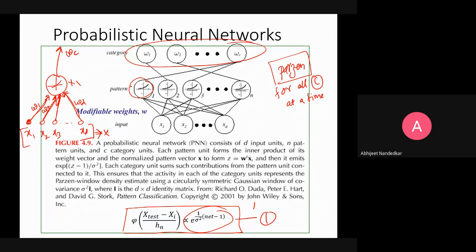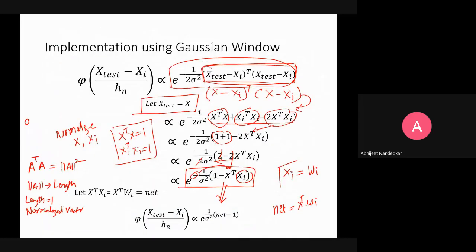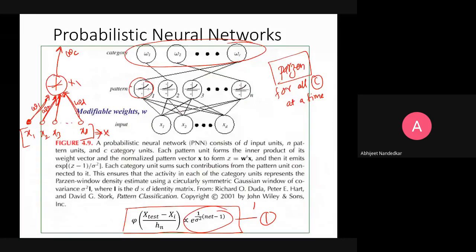Okay, and we said that Xi is Wi. That means the training pattern X1 will be W1. So if I say X1 is equal to X11, then X12, so on up to X1D.